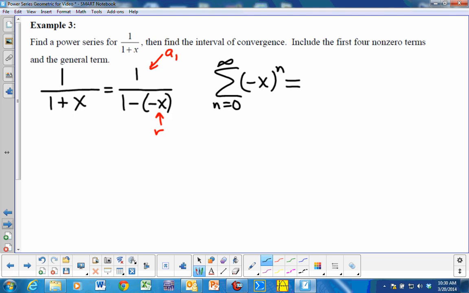So if I plug 0 in for n, minus x to the 0 is 1, because anything to the 0, except 0 to the 0, is 1. Then we plug in 1, so we get minus x to the first, so that's minus x. Then we plug in a 2, we're going to get minus x squared, but minus x times minus x, that's what squared means, so minus times minus is plus, and then x squared.